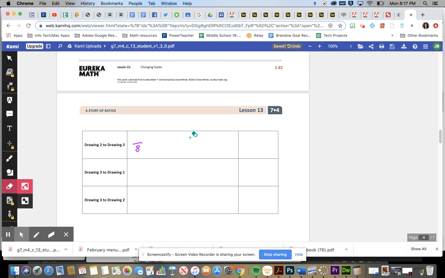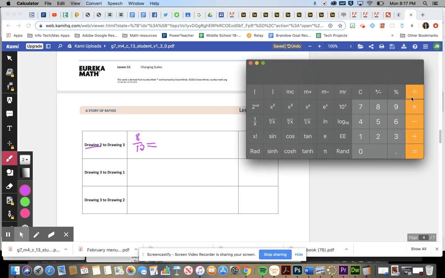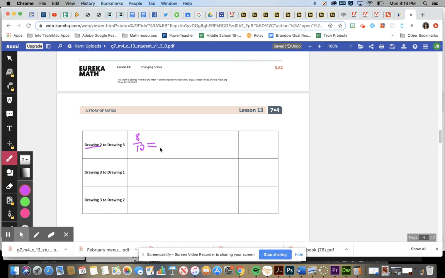Drawing 2 was not 8. Drawing 2, the original, was 12. Excuse me. And drawing 3 was 8. So the first one goes on the bottom. Our original goes on bottom. 8/12. 8 divided by 12 is 0.6 repeating.